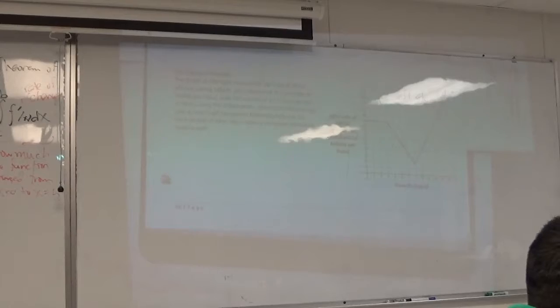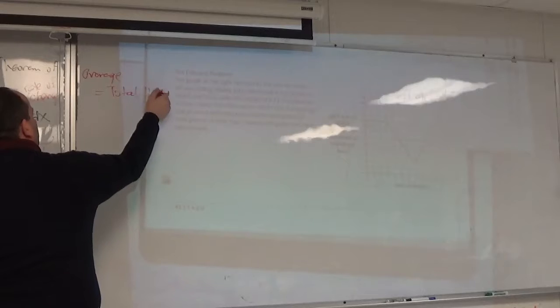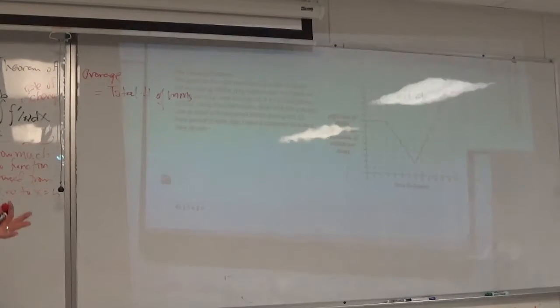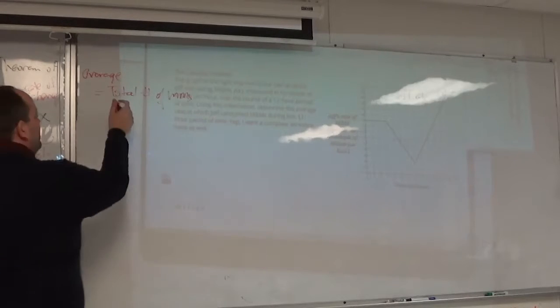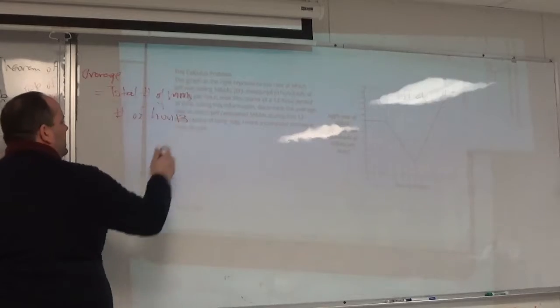All right, friends, I want to pull this together. The key is, and we've seen this in the first two problems, average was the total number of M&Ms, and then what? You find the total number of M&Ms, and then divide by number of hours.